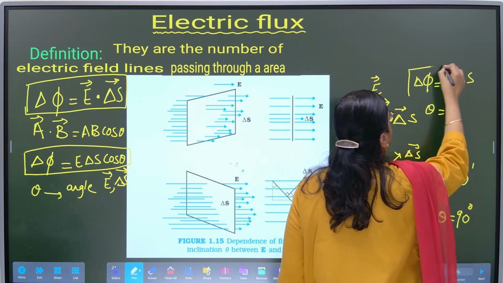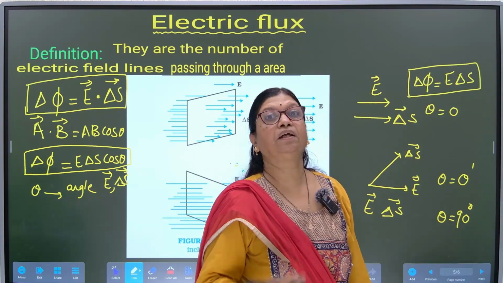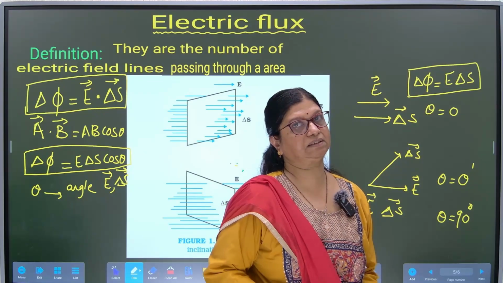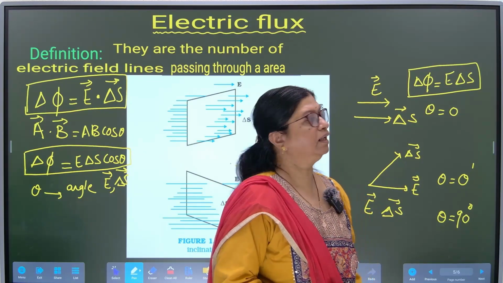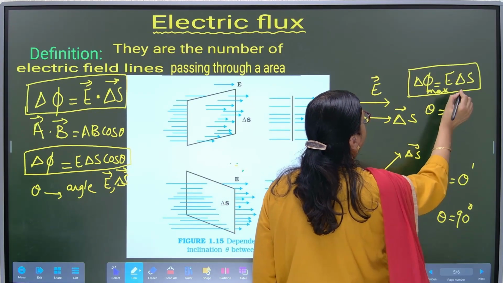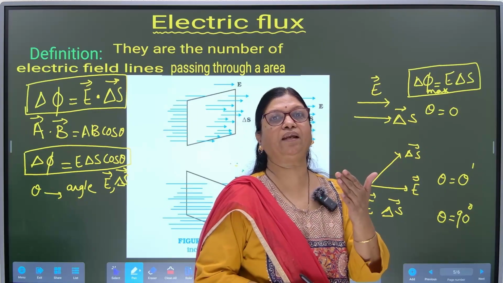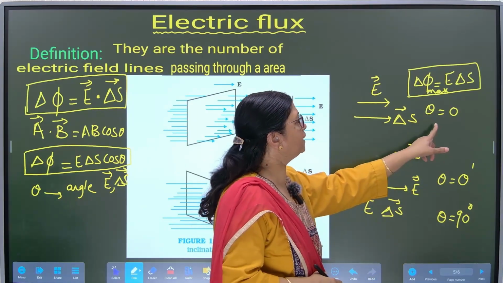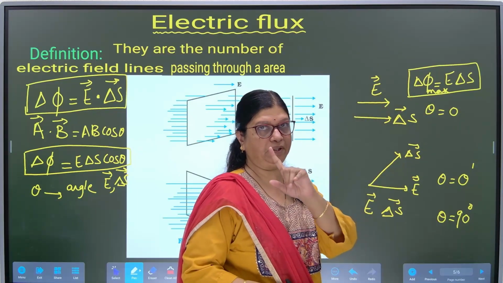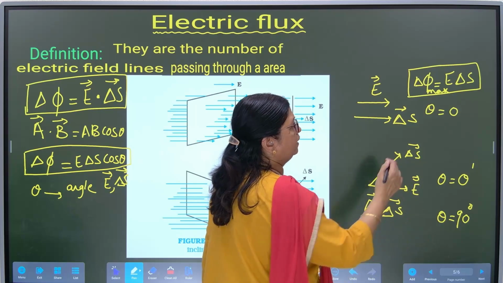So for this particular situation, I get maximum flux. So when do I get maximum flux passing through an area? Only if the angle between E and delta S is 0.